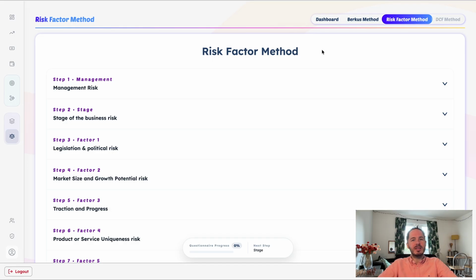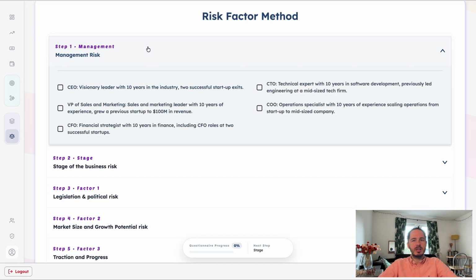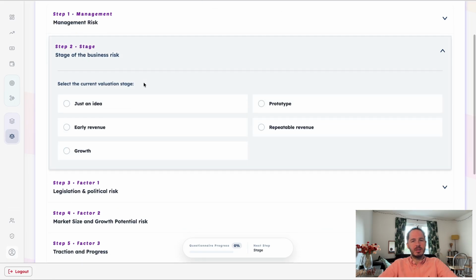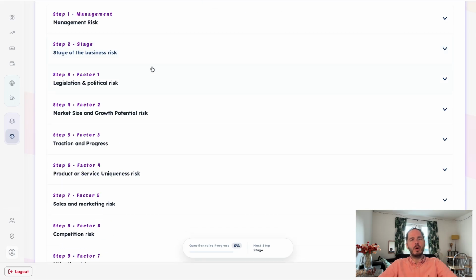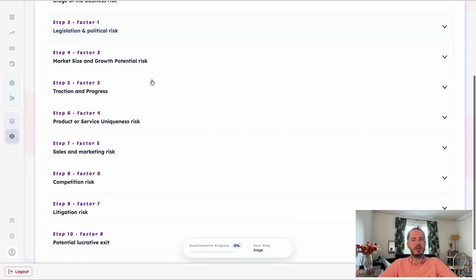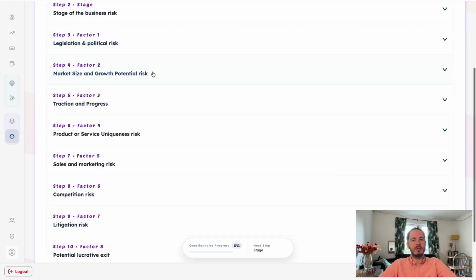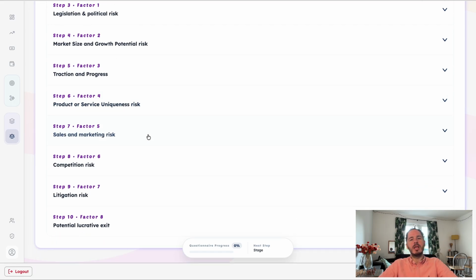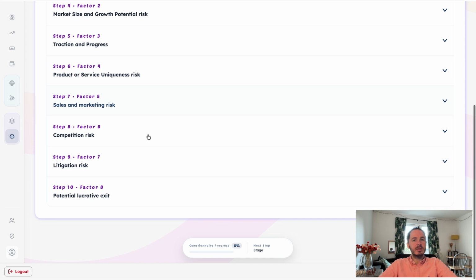It works through 10 steps, starting with 2 context setting questions: your management team and the current stage of the business, and then working through 8 specific risk factors: legislation and political risk, market size and growth potential, traction and progress, product or service uniqueness, sales and marketing risks, competition risk, litigation risk, potential lucrative exits.